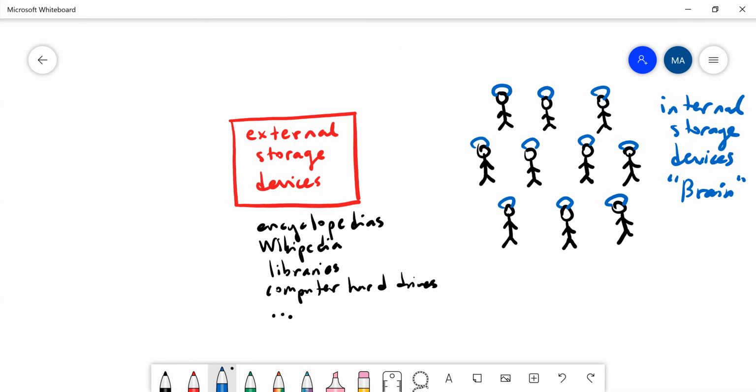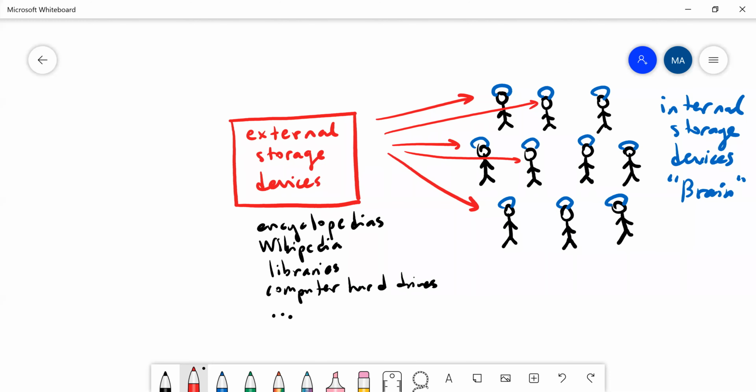Now, Mokyr tells us this. Human beings learn stuff from external storage devices. They all learn, and they also learn from each other.